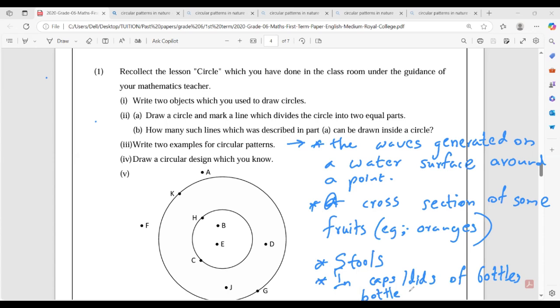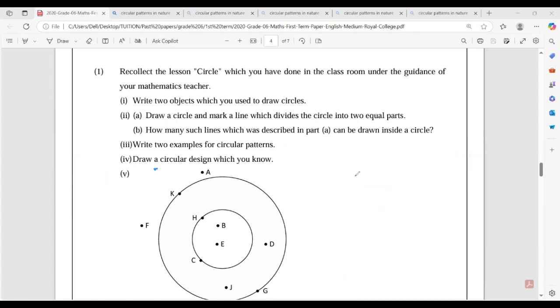Bottle necks have some kind of rings, and they have some circular patterns, and also in the rings that we wear on our fingers, they also have some circular patterns, right? So if you write two of these, that answer will be fine.